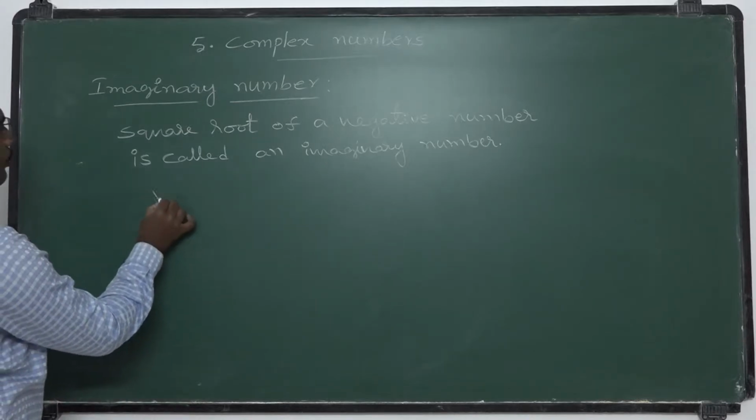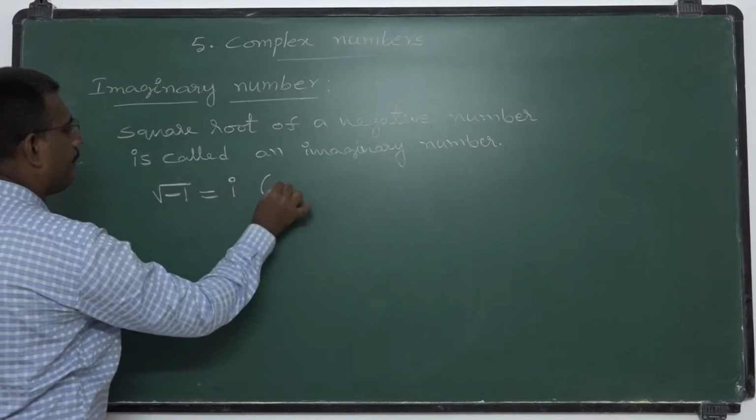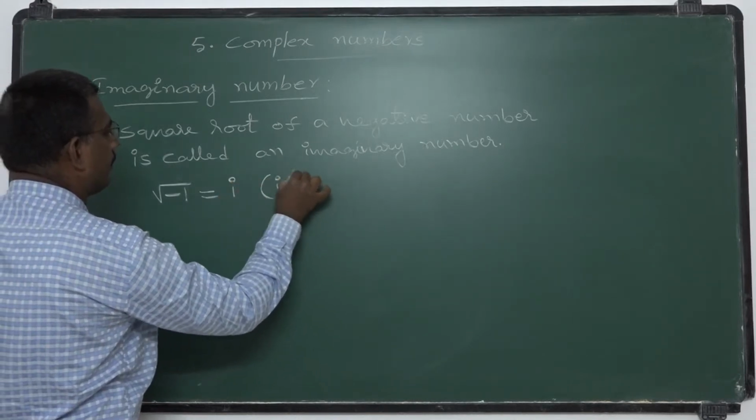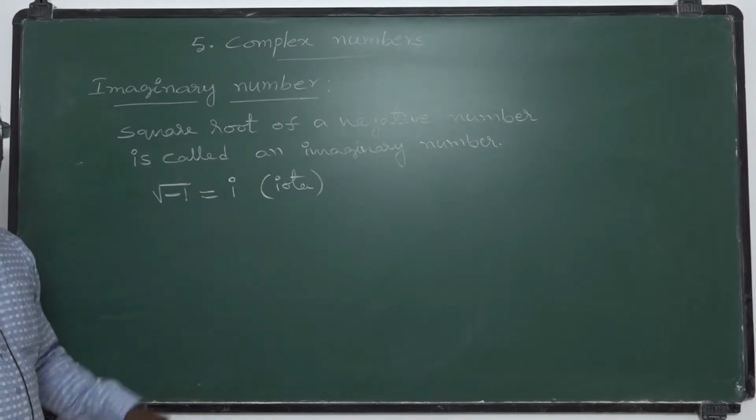So square root of minus 1 is defined as i. i means iota.